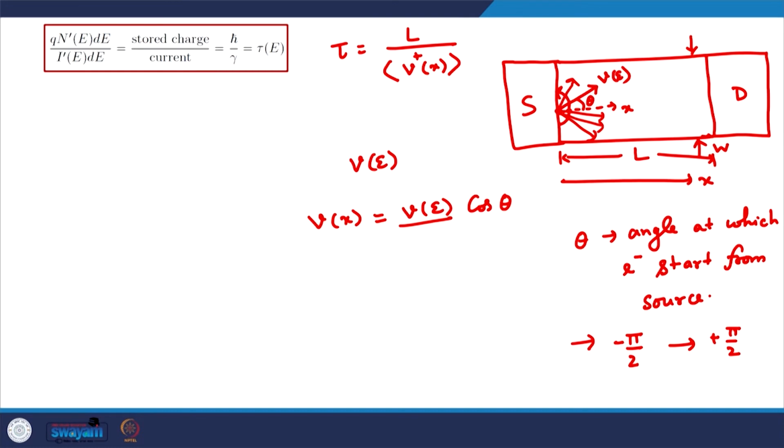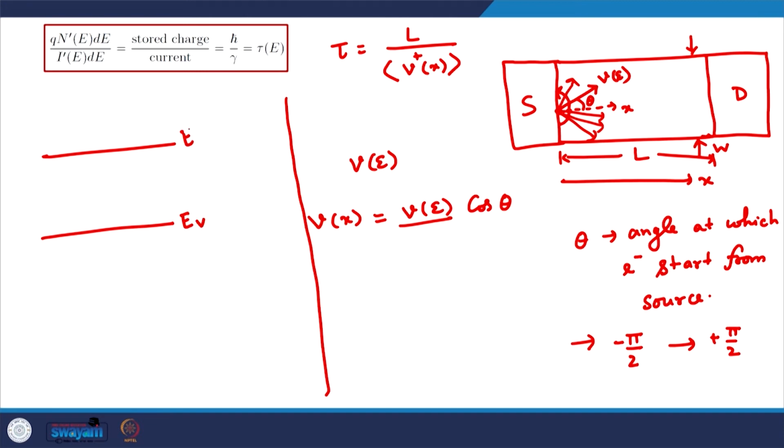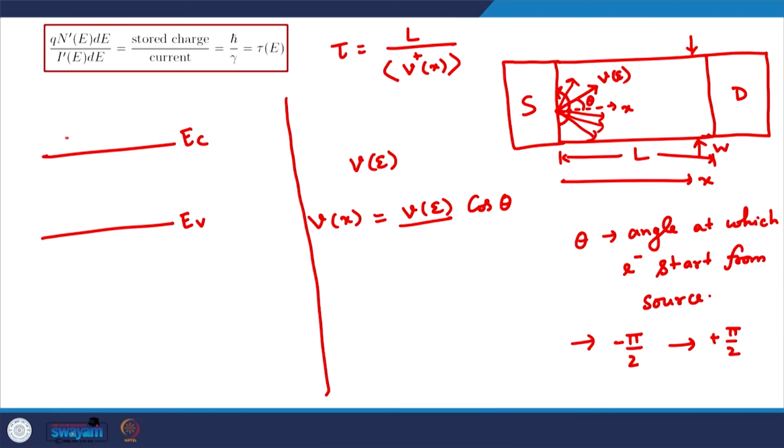And here the band diagram picture will be slightly helpful for us. So, in the device, if this is the top of the valence band, this is the bottom of the conduction band, and in this case, as you are aware, only the electrons that are present in the conduction band are involved in the current conduction in the devices.